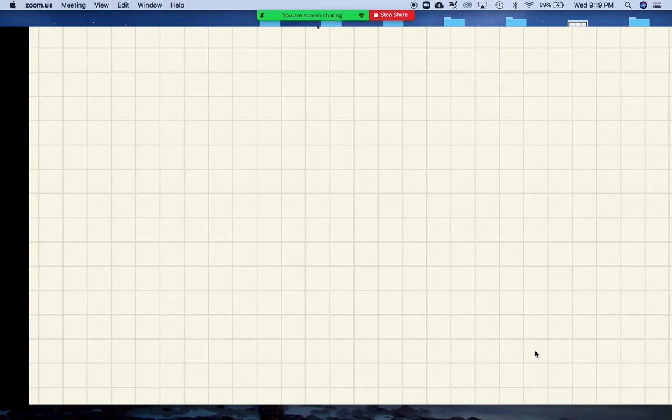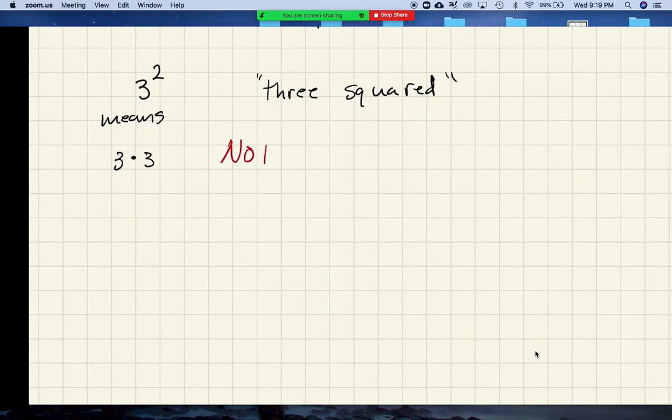So if you have 3 squared, that means 3 times 3, not 3 times 2. It doesn't mean this one times this one.